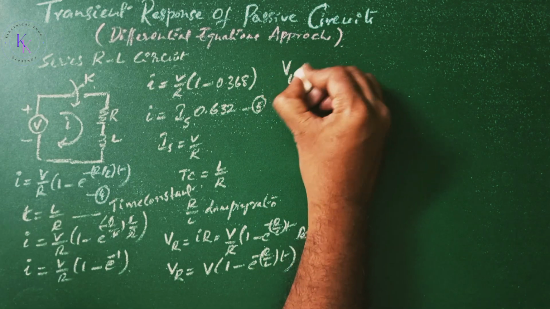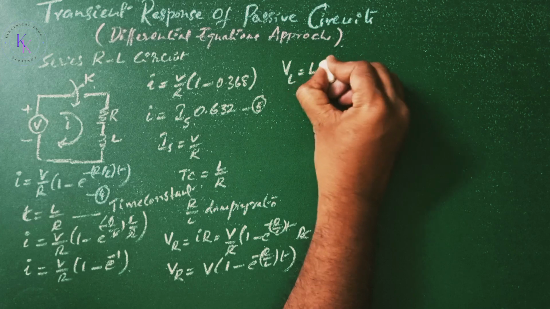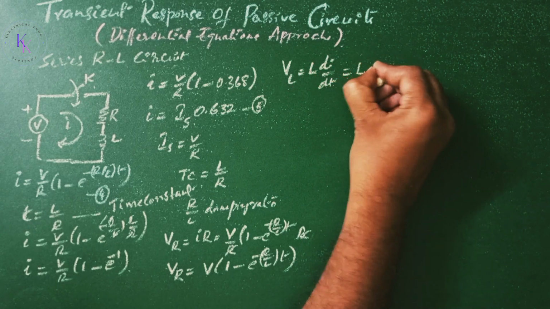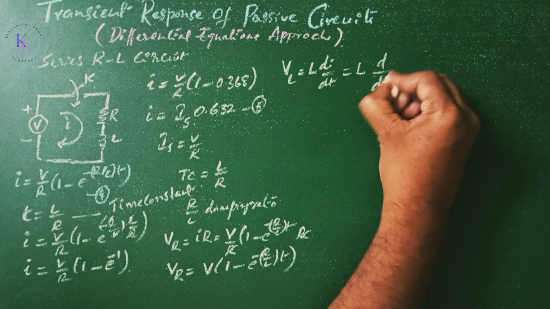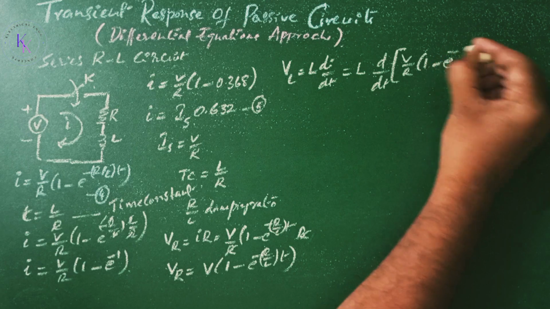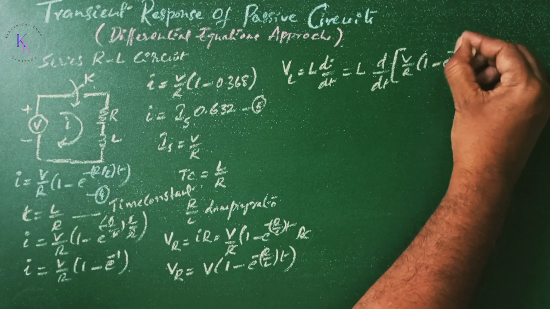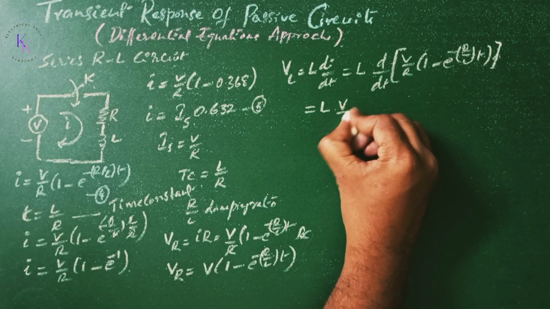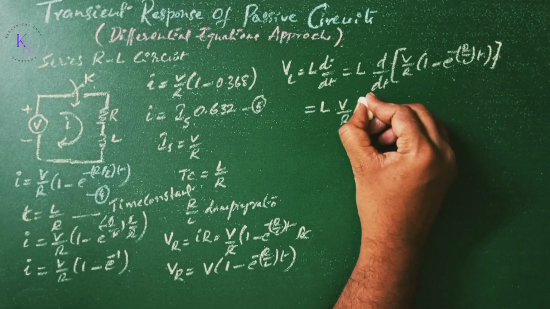The voltage drop across the inductor is given by L di by dt. That equals L d by dt of V by R times (1 minus e to the power of minus R by L of t). Let us solve this. L V by R times the derivative: differentiating 1, you will get 0.